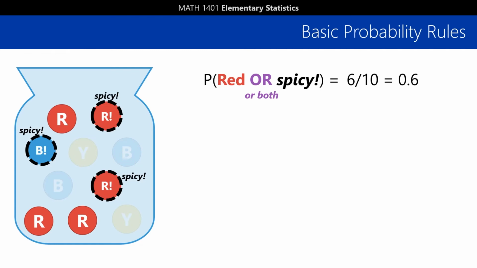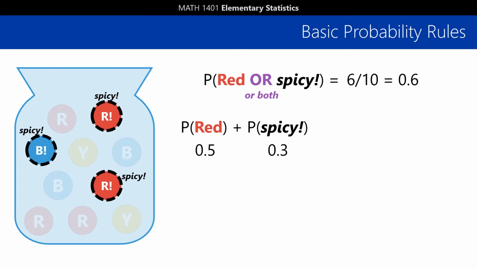So the probability is 6 out of 10 or 0.6. But let's take a moment and compare this to the or situation we saw earlier. If we add the probability of a red gumball, which is 0.5, and the probability of a spicy gumball, which is 0.3, we get 0.8, not 0.6.